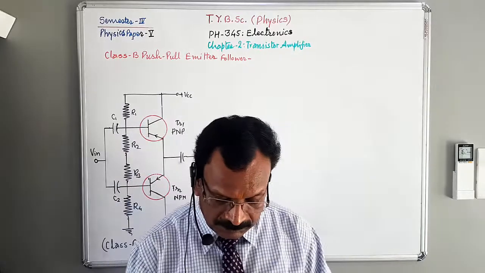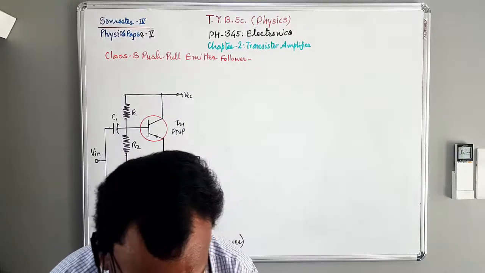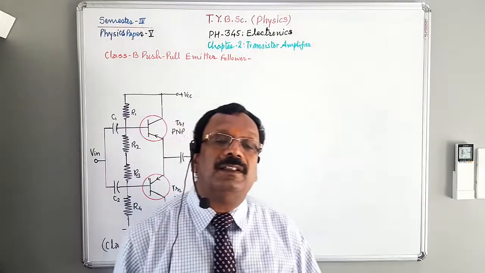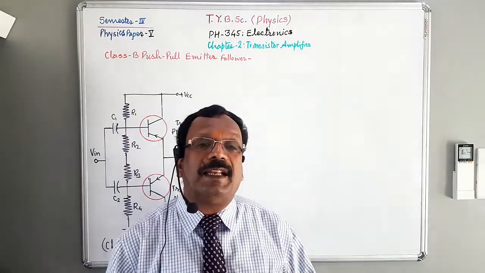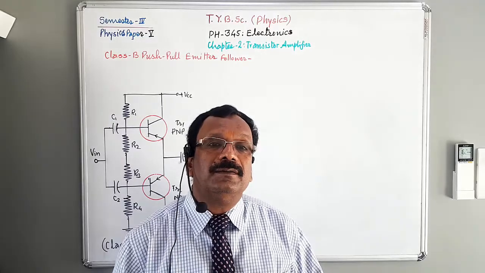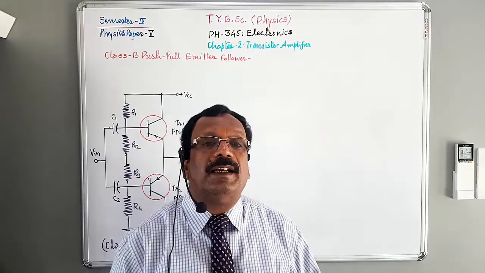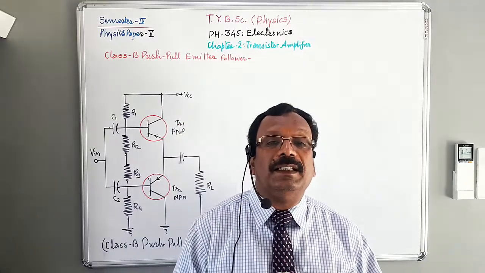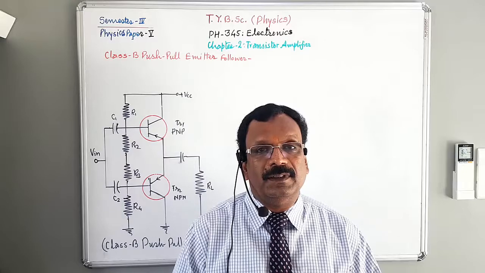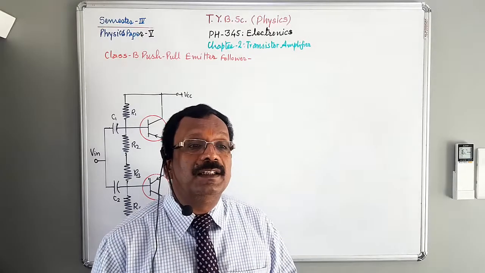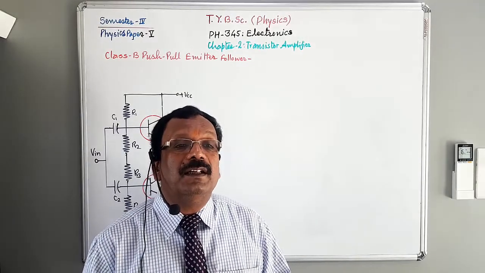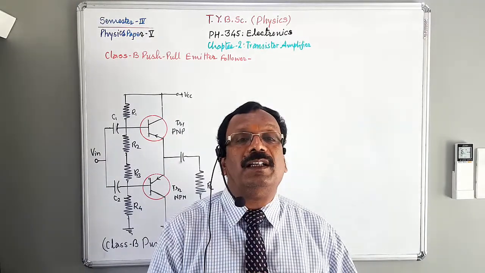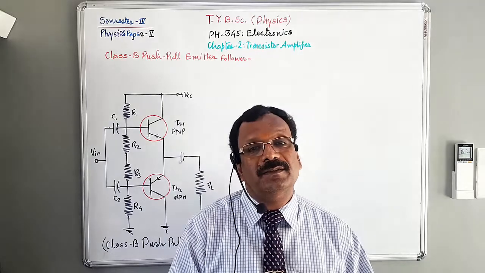We have to remember that in class A operation, the transistor remains active throughout the cycle, that is through 360 degree of the AC cycle. Whereas in class B operation, collector current flows for only half of the cycle, that is 180 degree of the AC cycle.